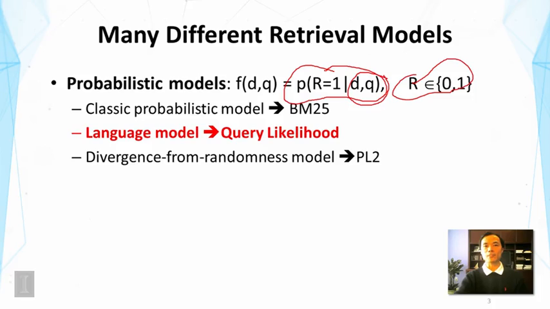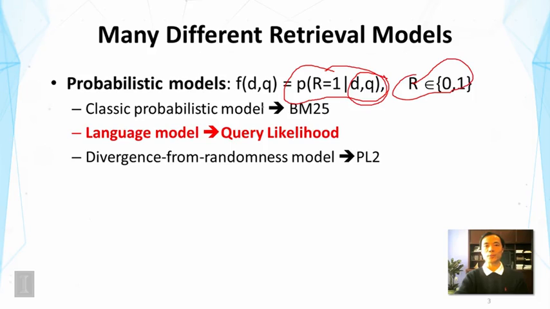In this category of models, there are different variants. The classical probabilistic model has led to the BM25 retrieval function, which we discussed in the vector space model, because its form is actually similar to a vector space model. In this lecture, we're going to discuss another subclass in this big class called language modeling approaches to retrieval.